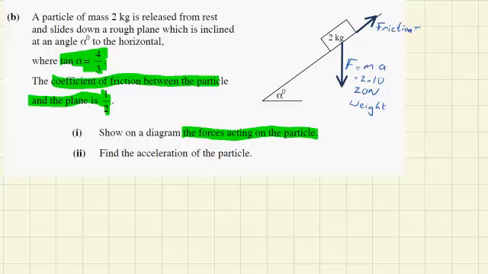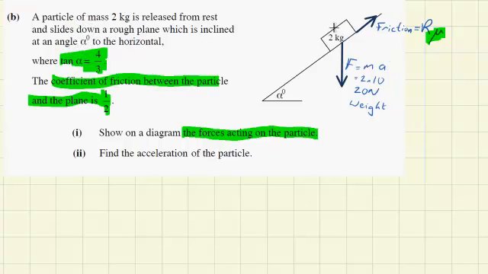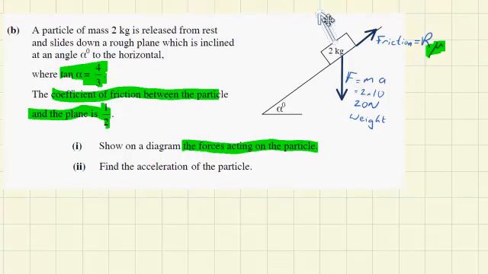Now, friction is always equal to the reaction force times the coefficient of static friction, which we're given. I'll just show that in the same highlighted colour. The final thing then we have to put in is the reaction force. So the reaction force is always perpendicular to the surface, like so.